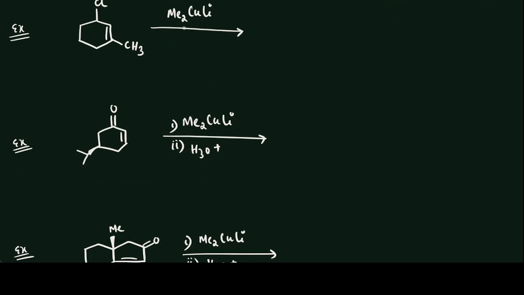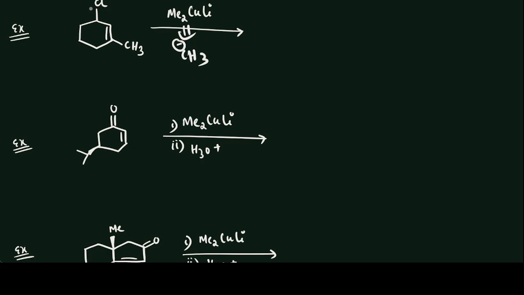In this case, again we have a Gilman reagent. So again Me means we are going to get CH3 minus, and where will it attack? It will always do 1,4 conjugate addition, if there is a carbonyl group, or if there is any leaving group. That's why I'm giving more and more examples, so that from examples you will understand more.